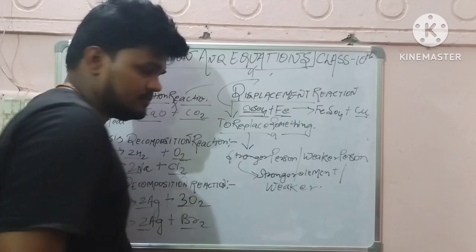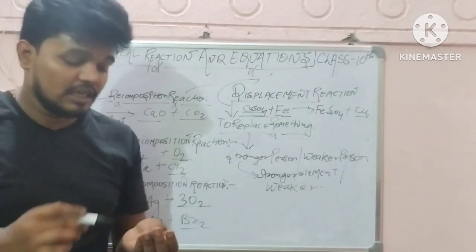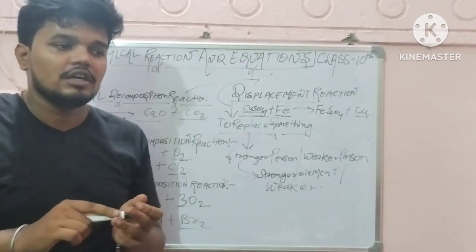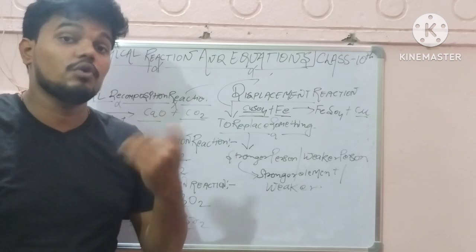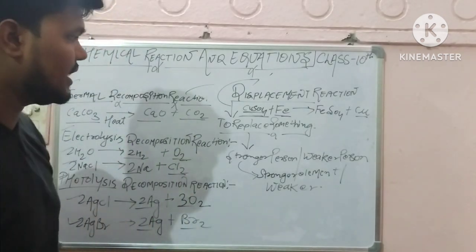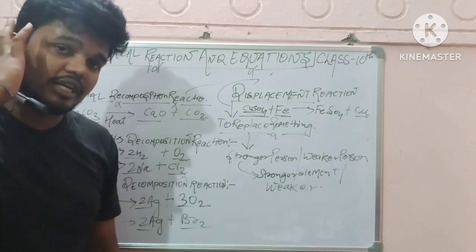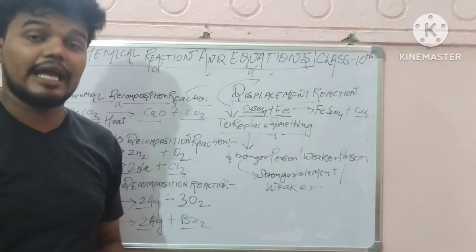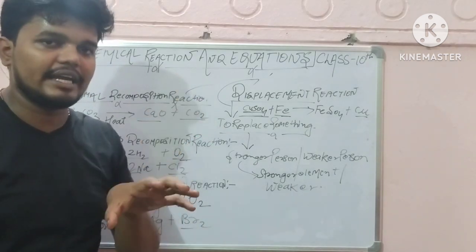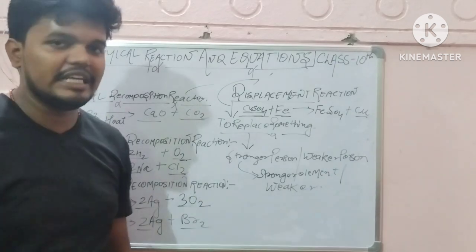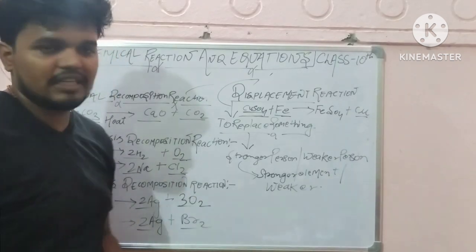Now here one question arises: how to determine which element is more reactive? So my dear students, to determine which element is more reactive, in chemistry we have a reactivity series.